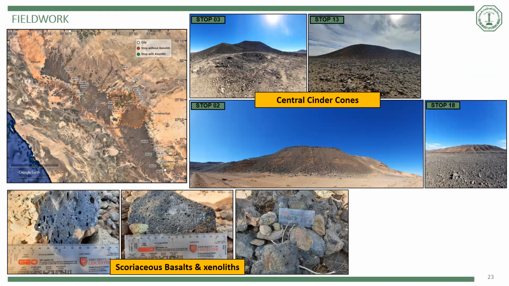Therefore, they contain a lot of volatiles during their ascent because of the scoriaceous texture. Therefore, it indicates, what do you call it, a quick ascent from the deep depth to the surface, probably with enough velocity to rip or take the xenoliths from the lower mantle.